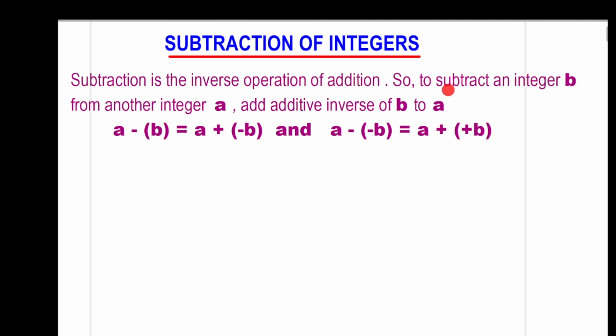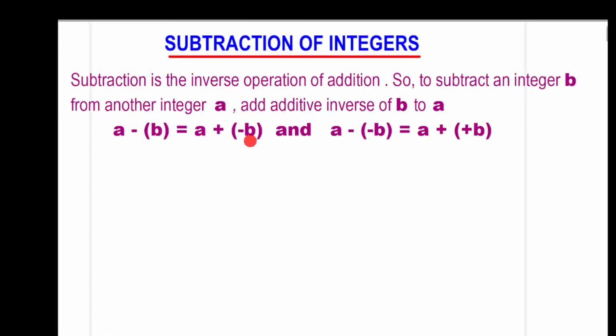So that to subtract an integer b from another integer a, add the additive inverse of b to a. Now see, we are subtracting b. Minus b means what? Additive inverse of b. So that is why we have to add the additive inverse of b.